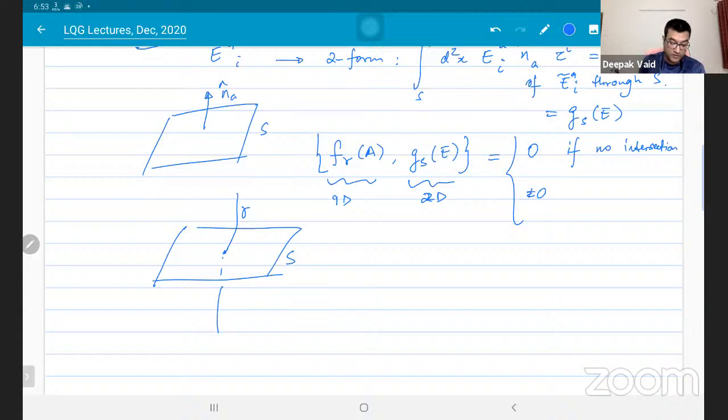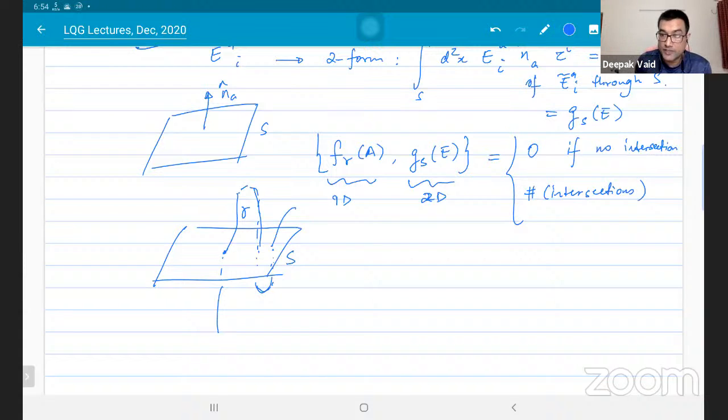It will depend on how many times your path intersects. So it will depend on the number of intersections between your path and the surface. So for instance, your path could come around like this, and you could have multiple intersections of the path with the surface and so on.